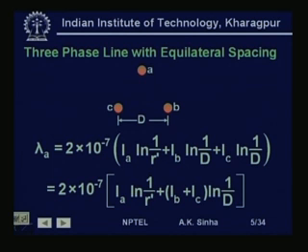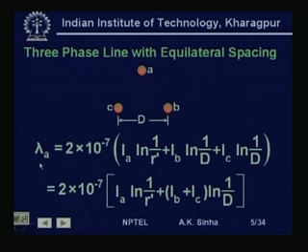Now, here in this diagram you can see A, B, C are the 3 conductors which are placed at the vertices of an equilateral triangle, that is the distance among all 3 conductors is, say, d.